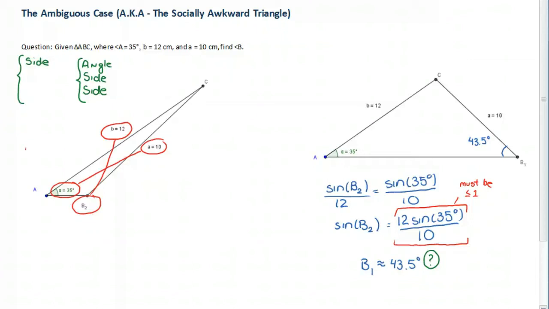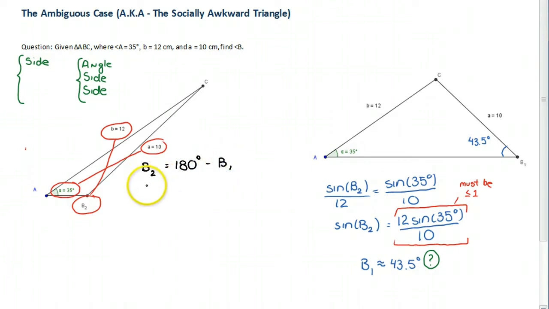So what a teacher often says is that, well, given an angle side-side case, if you need to account for both cases, what you do is the following. Your calculator will always give you the acute angle. You need to find the obtuse angle case. And to find the obtuse angle case, what we do is we take 180 degrees and we subtract the acute case from that.